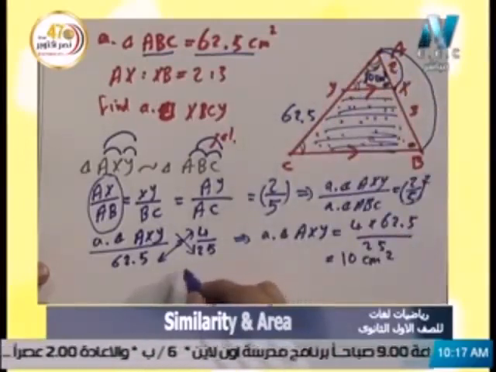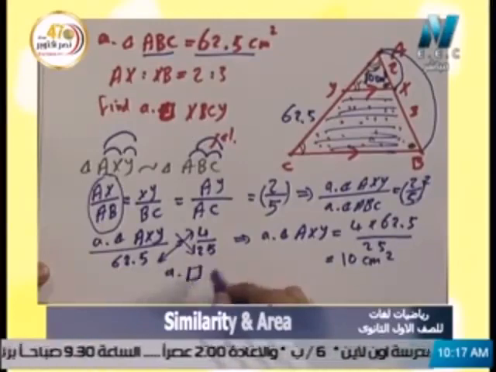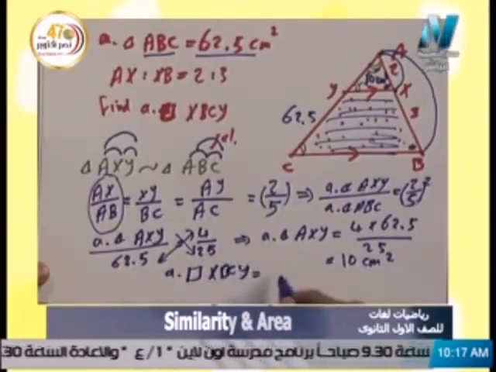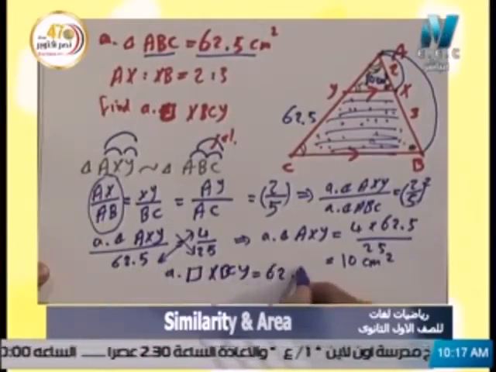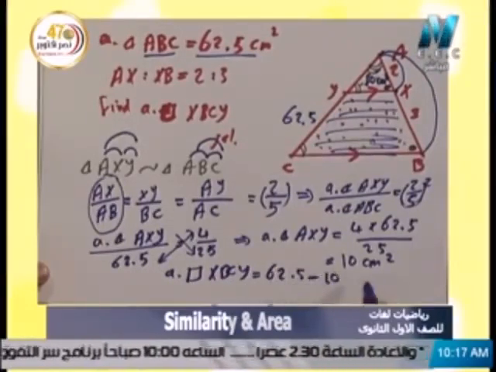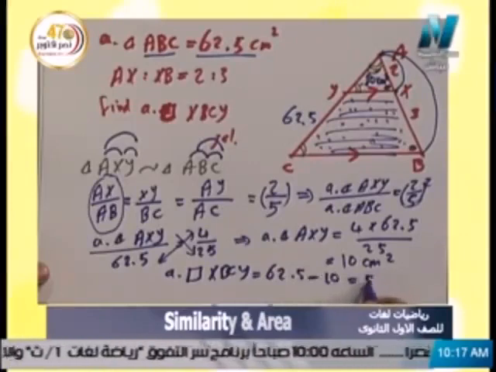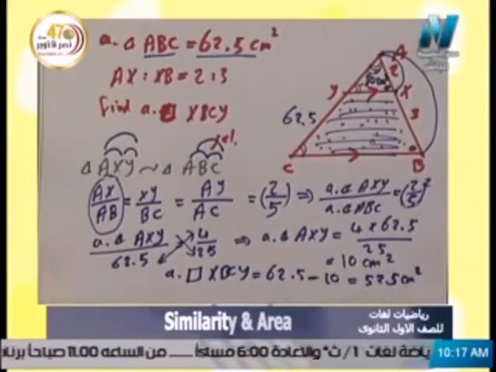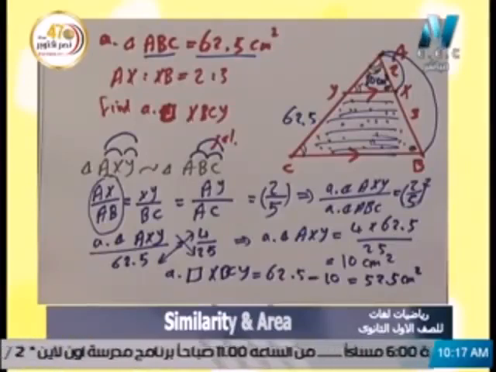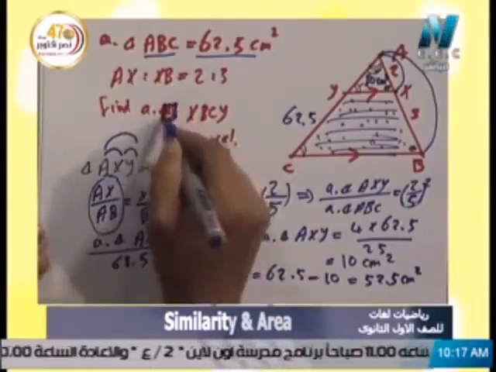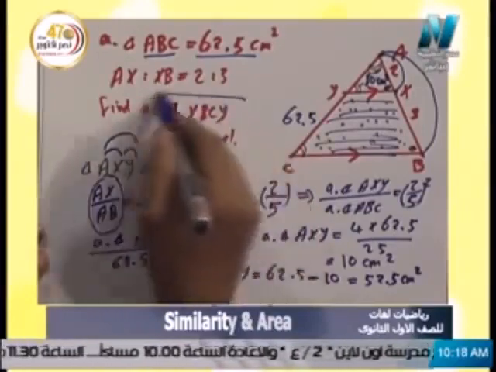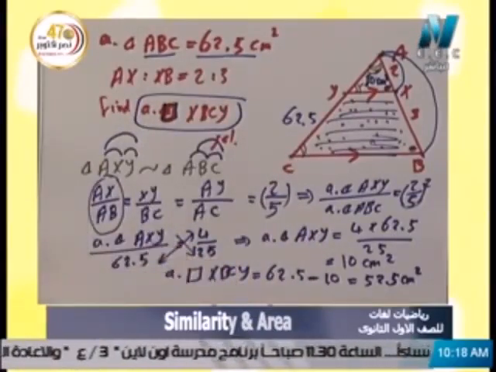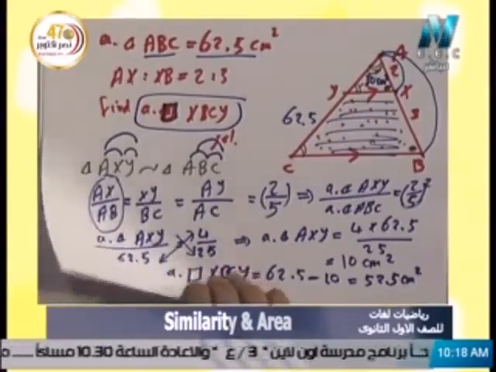So the area of quad XBCY equals 62.5 minus 10, which is 52.5 square centimeter. And now we have found the request, which is the area of the quad XBCY. Okay, let's move to another example.